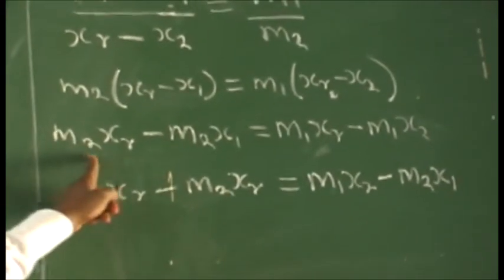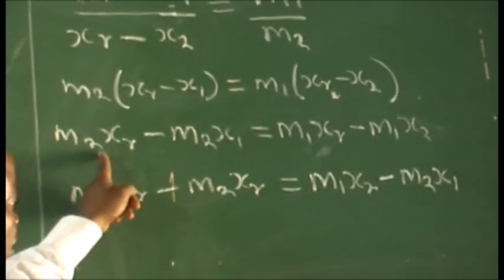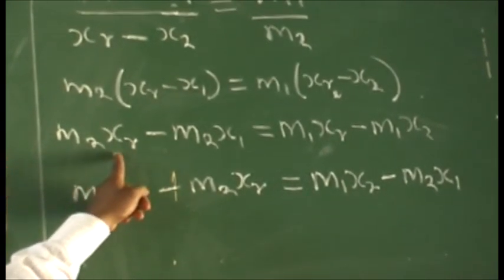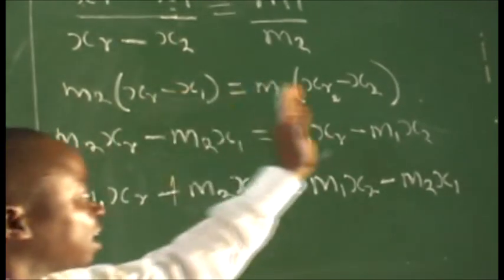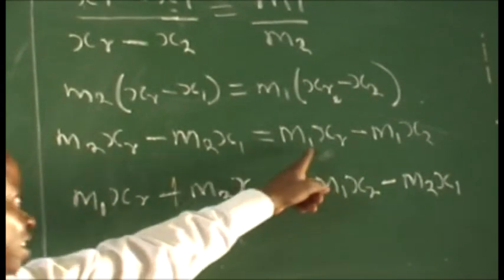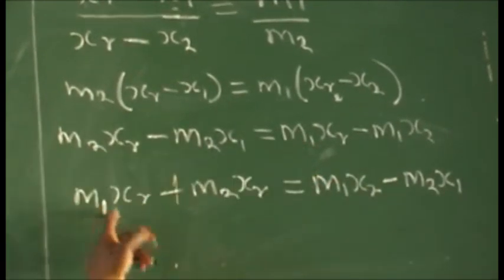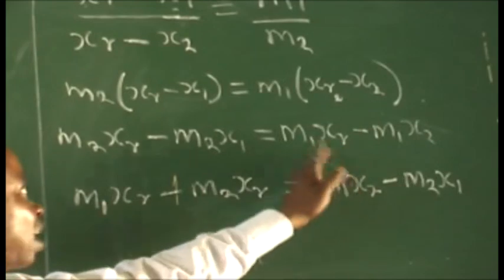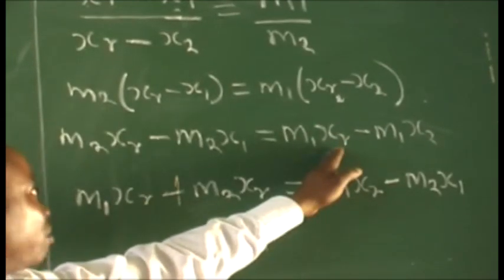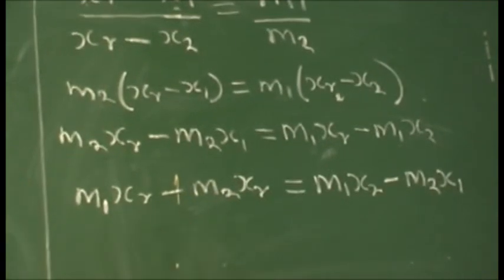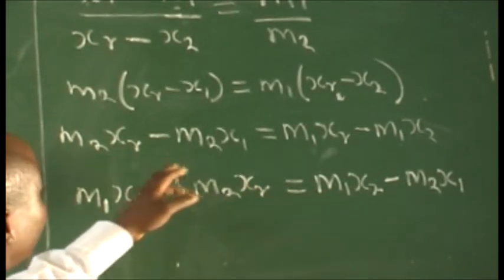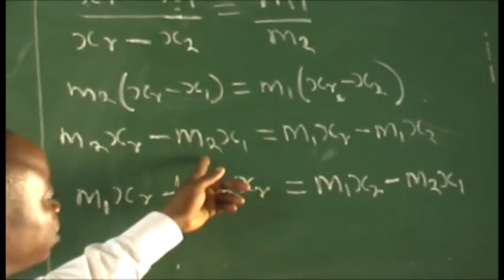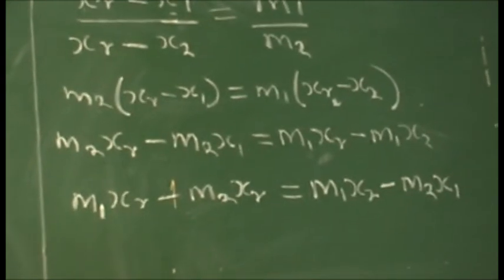Here, I'm taking this one, which is M2 XR, to that side, and then I will have M1 XR minus M2 XR. So that is what I'm putting here. There shouldn't be any confusion there. And so this one, after doing that, I'm taking to the other side. So that is how the placement goes.